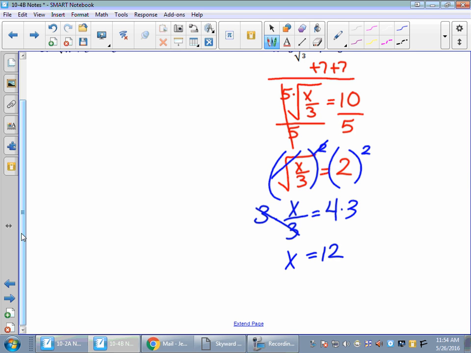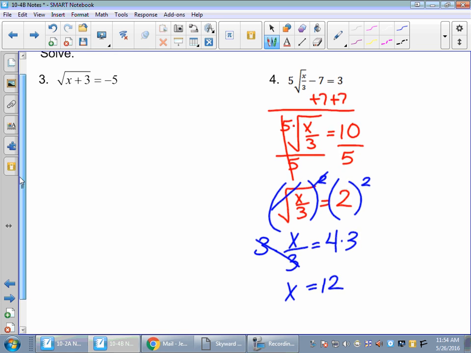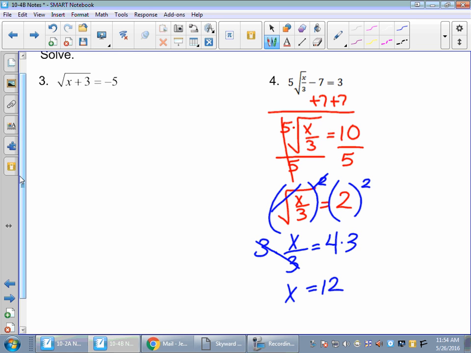So I know I didn't stress it in yesterday's homework, but now that we understand that these things exist, anytime you solve a radical equation, you have to look. So I'm going to check my solution. I'm going to plug 12 into the original equation and see if it actually does equal 3 when we're all said and done. So I'm going to first do 12 divided by 3, which is 4.